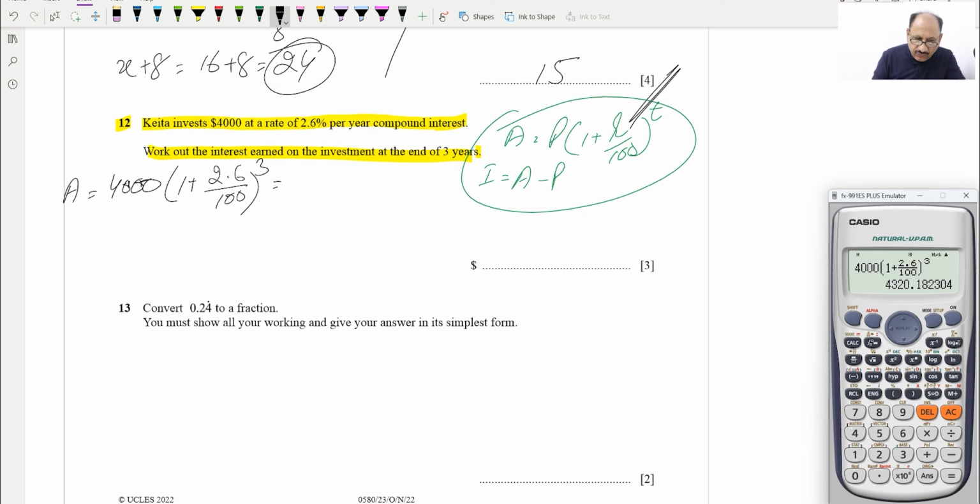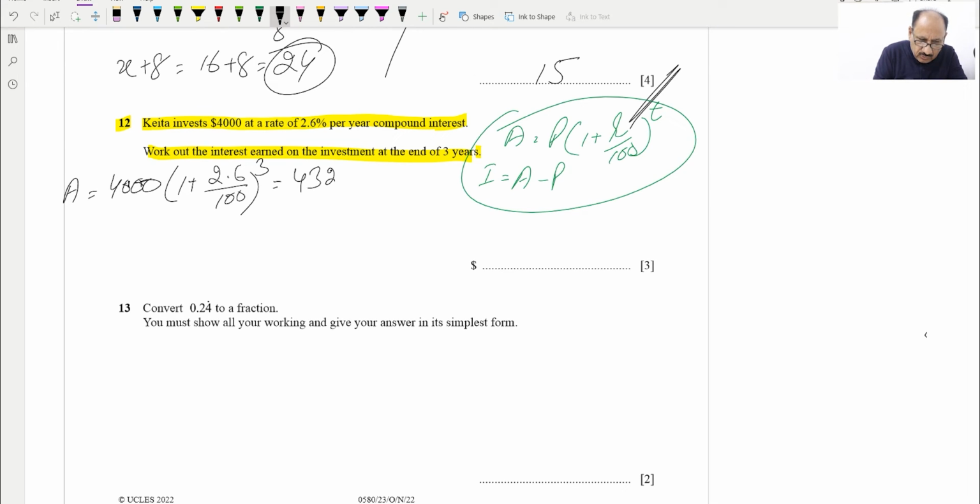This will give us 4320.18, so we can write approximately 4320.